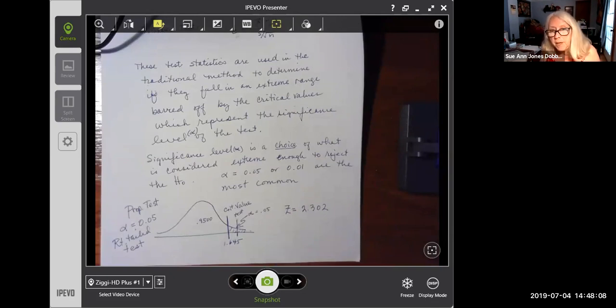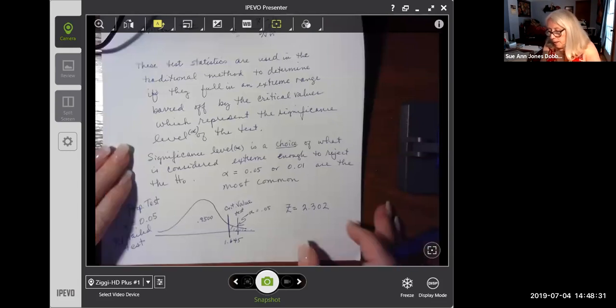test. Now, turns out that there is a simpler way of making the decision that is based upon what we call a p-value. And we will use p-value here because that's what is the easiest thing to do when you are using technology.